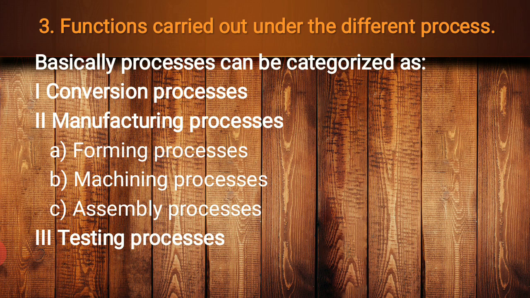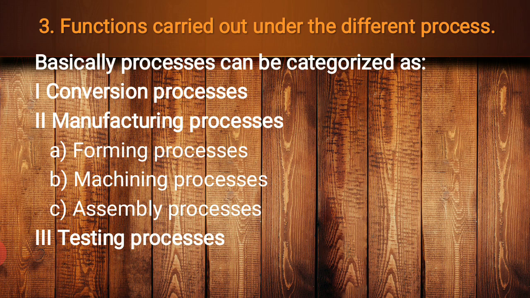Now what type of functions are carried out under these different processes? All the processes cannot be categorized under a single category, so to make it simple we have categorized them into three types. That means processes can be any of these three types, right?